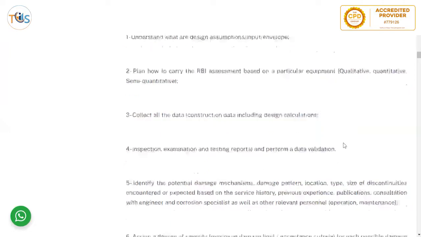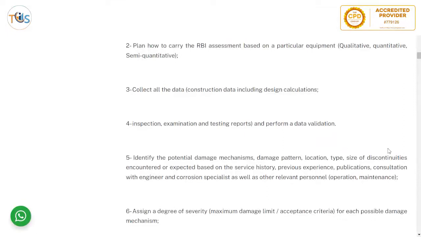And then do a data validation: how much you can trust this data, and how accurate it is. That's called data validation. So you cross-check with other data. There are different methods, and we can't go into detail on this, but you're practically trying to understand whether the data is correct and how reliable it is.